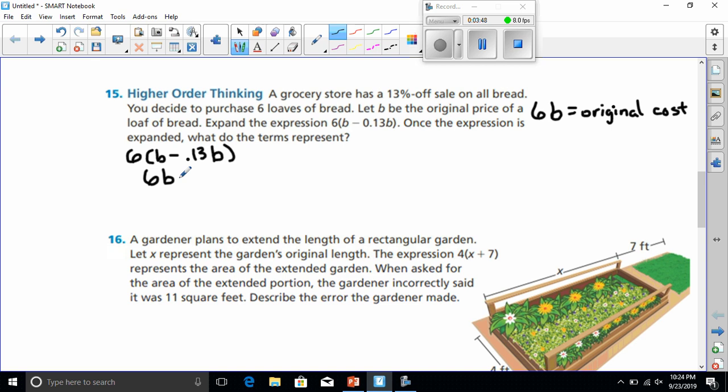Positive times a negative is a negative. And this is 0.13 times 6. 0.13 times 6, that's going to give me 18, carry the 1, that'll give me 7. So 0.78 B.